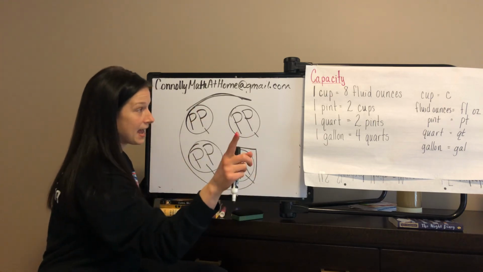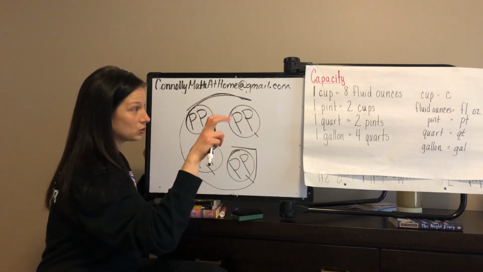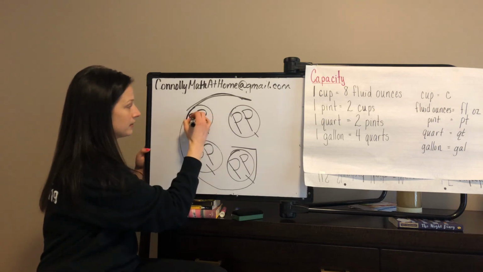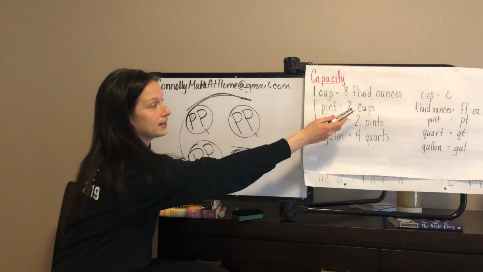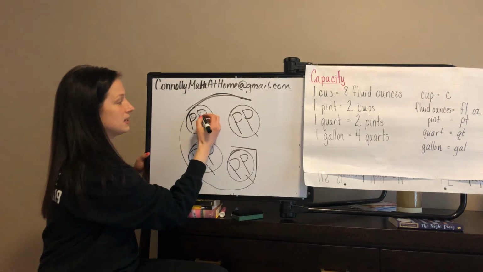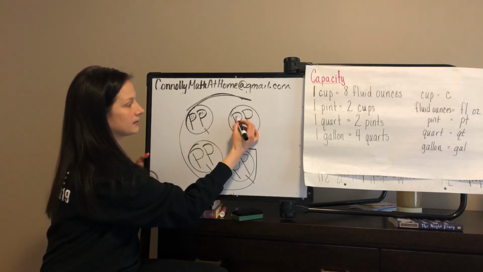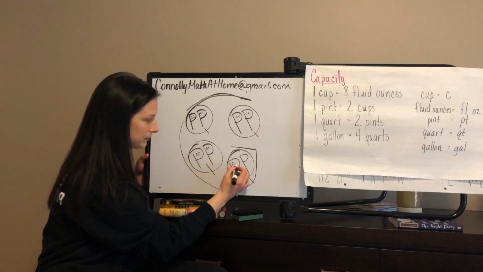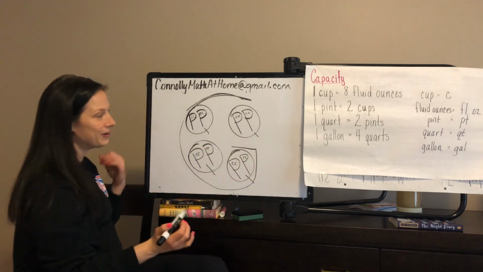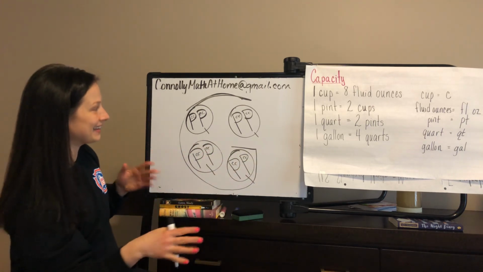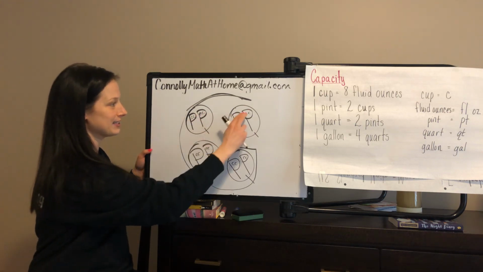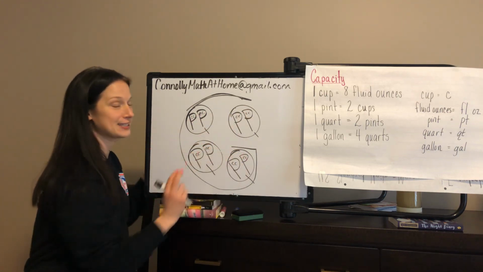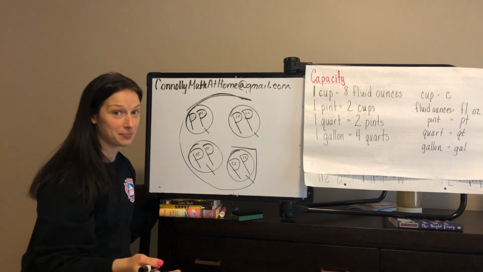Each prince had 2 children, because 1 pint is equal to 2 cups, so this C is the children. So, in 1 gallon, we see 2, 4, 6, 8, 10, 12, 14, 16. We see the 16 cups.